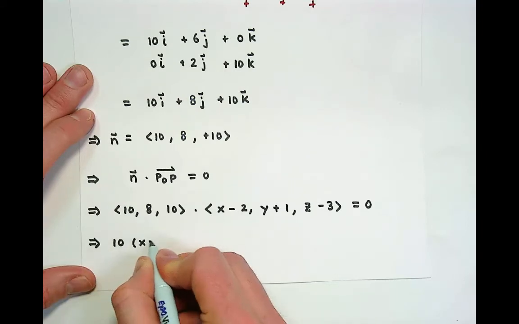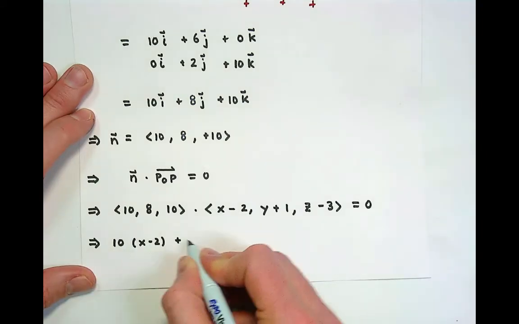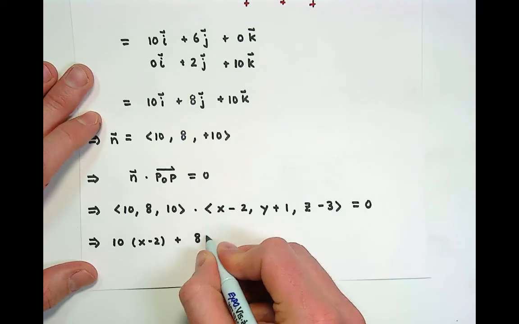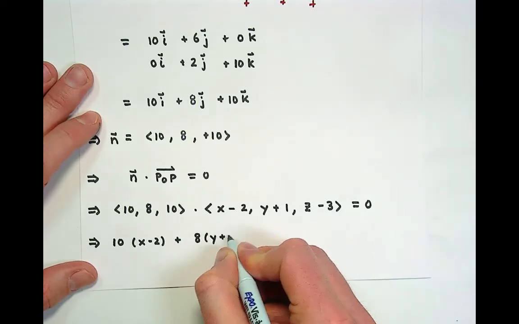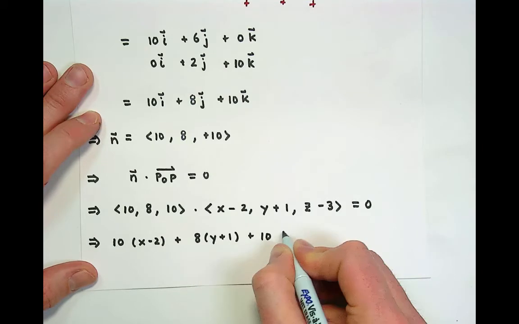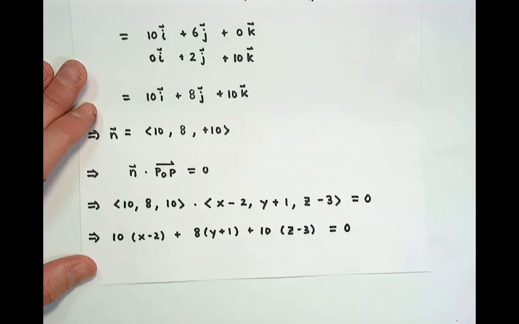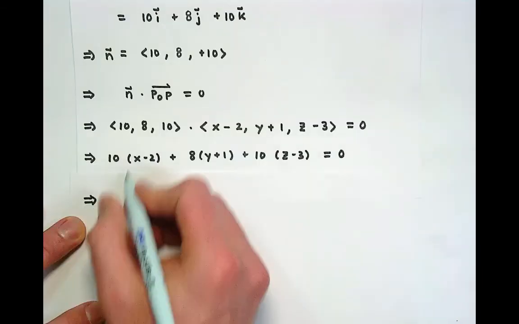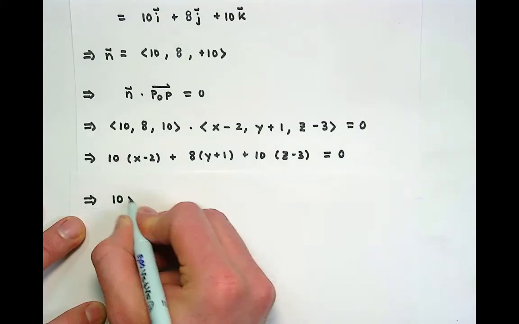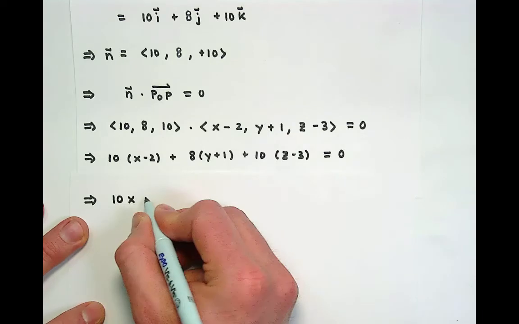This becomes 10 outside of x minus 2 plus 8 outside of y plus 1 plus 10 outside of z minus 3, and this is equal to 0. And then we can start to do some algebra, which we're quite good at this point in our lives.